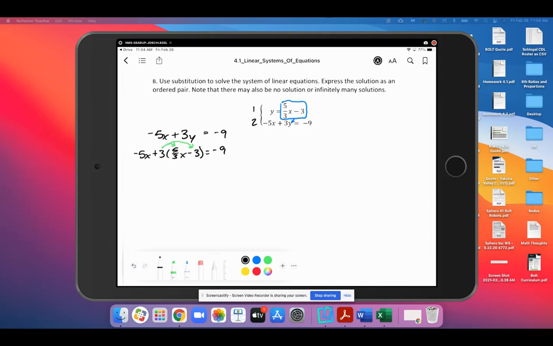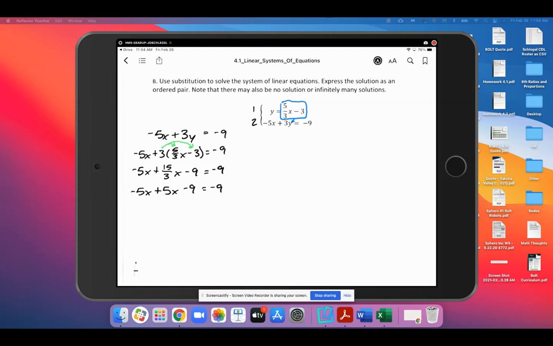So what I'm going to do, folks, is I'm going to have negative 5x plus 15 over 3x minus 9 equals negative 9. I will simplify my fraction there, so I've got negative 5x plus 5x minus 9 equals negative 9.